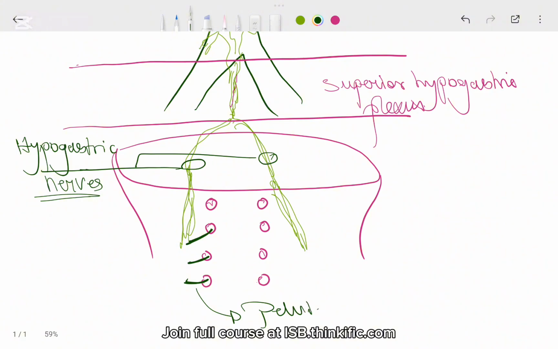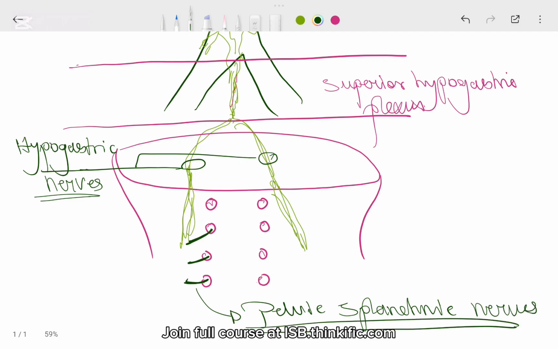Pelvic splanchnic nerves. We will talk about them in detail in the pelvis, but simply I'm going to give you the high yield points about them. Number 1, they are parasympathetic fibers. Number 2, they originate from S2, S3, and S4.